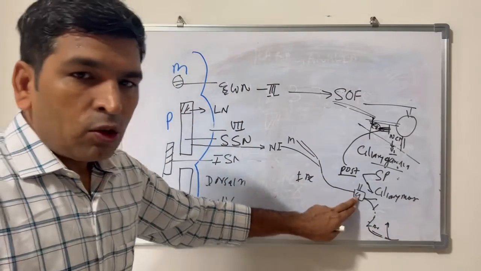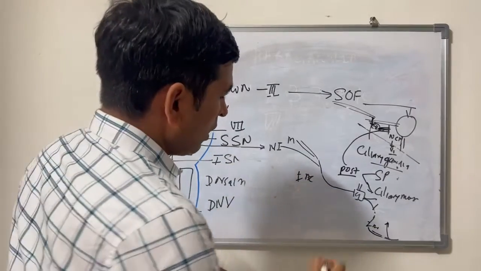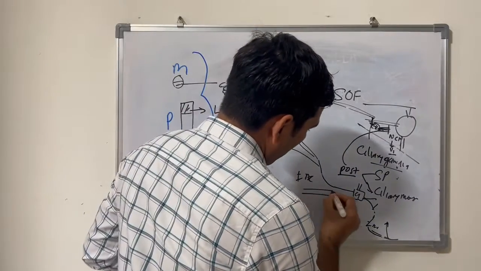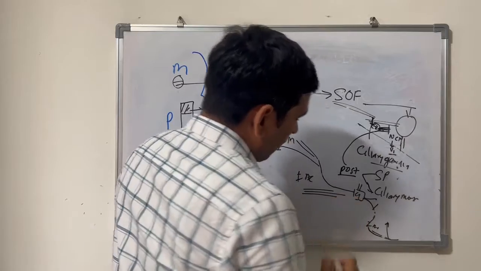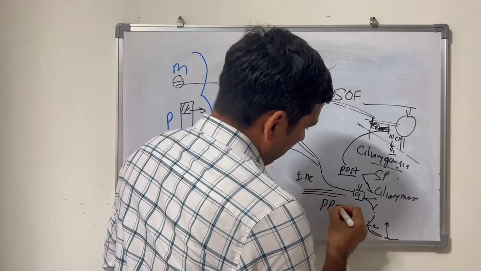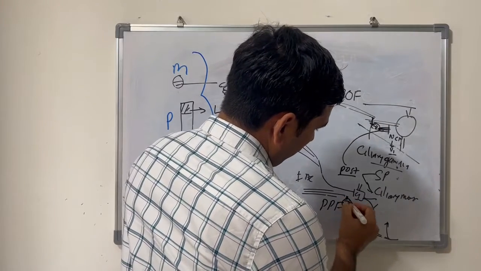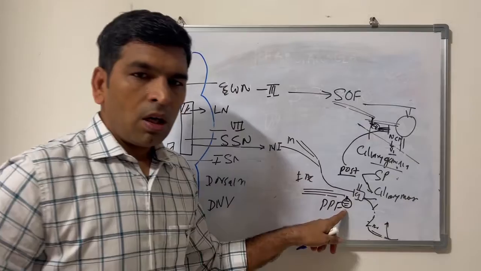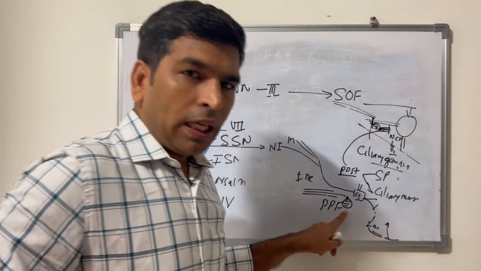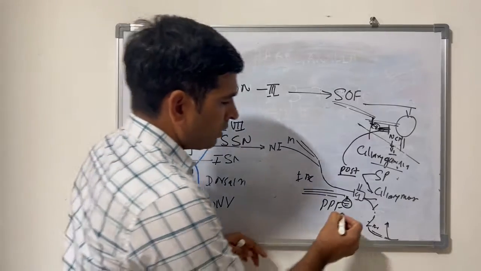This greater superficial petrosal nerve goes along the floor of the middle cranial fossa and comes out through the foramen lacerum. After crossing this, it goes into the pterygopalatine fossa. Here it has one ganglion, that is called the pterygopalatine ganglion.